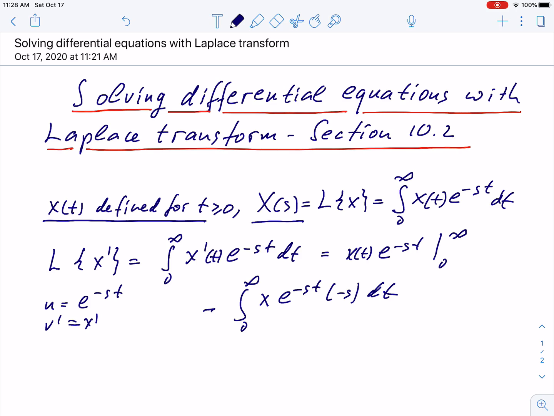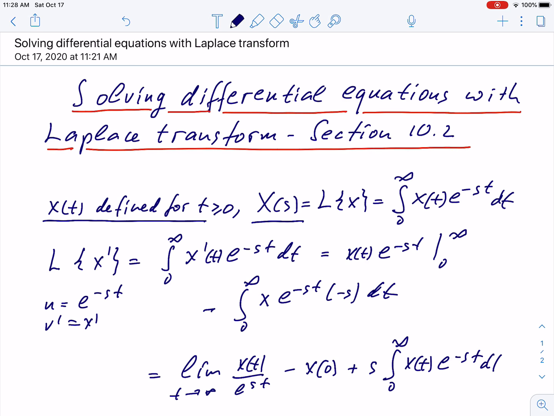To evaluate the product x exponential between 0 and infinity, we had to use limits. I'm writing here limit x t over exponential st, t grows to infinity, minus value at 0 will be x of 0, and here bringing s outside and two negatives will give plus, will be plus s integral 0 infinity x t exponential minus st dt.